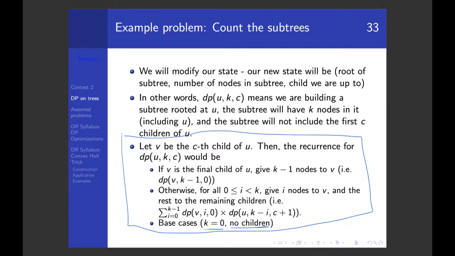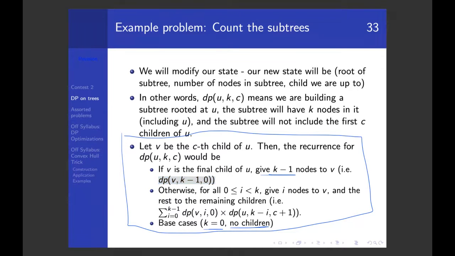This allows you to efficiently distribute things among all your children without doing it all at once. We're going to distribute k nodes or k minus 1 nodes among our children. We do it one child at a time. We have different states for it because this makes the problem a lot easier. Otherwise we're redoing work, and this saves us from doing work over and over again.